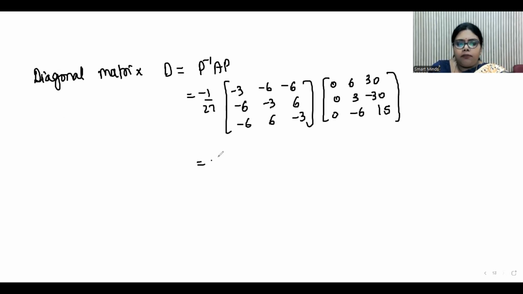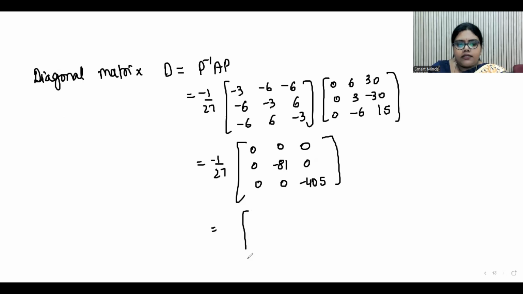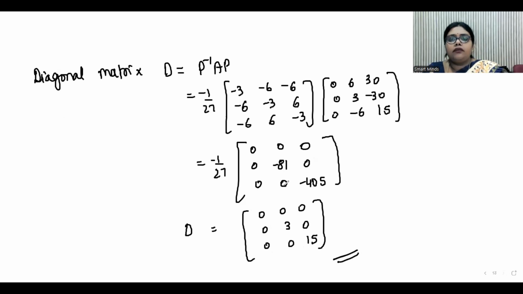Now let us multiply them. If you multiply these two matrices, you will get 0, 0, 0, 0, minus 81, 0, 0, 0, minus 405. So if you take this 27 inside, you will get 0, 0, 0, 0, 3, 0, 0, 0, 15. This is D matrix, which is the diagonal matrix.